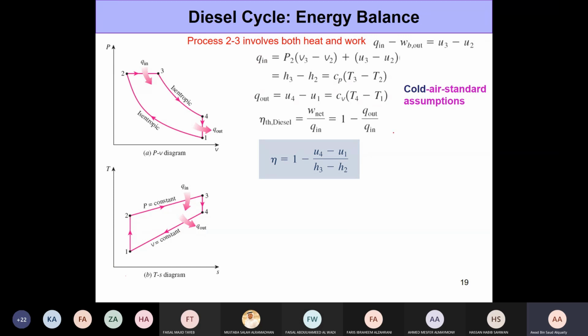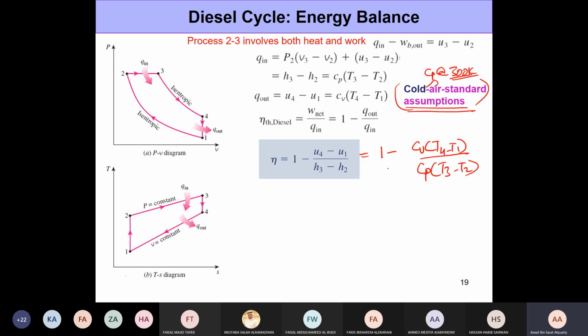So if the question mentions that you can consider cold air standard assumptions, which basically tells you that air is an ideal gas with constant specific heats evaluated at 300 K, in such cases, I could just write the efficiency as 1 minus Cv times T4 minus T1 divided by Cp times T3 minus T2, because I'm having enthalpy.